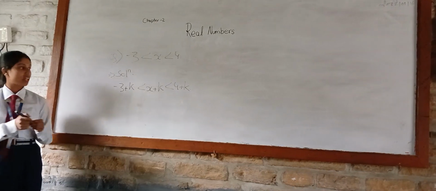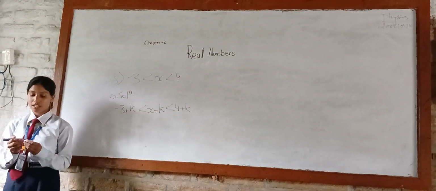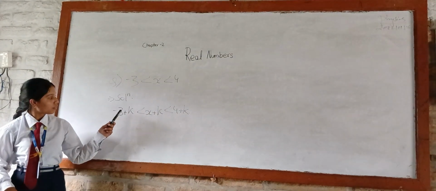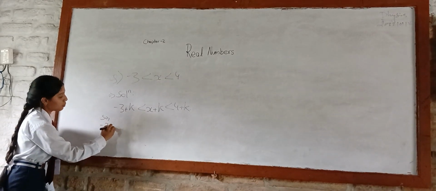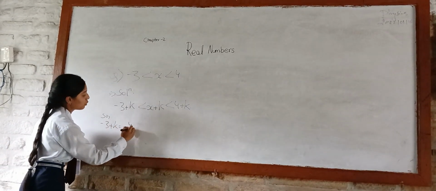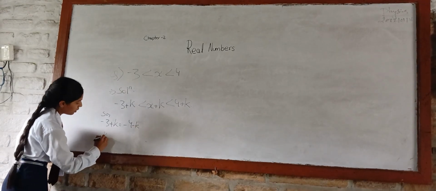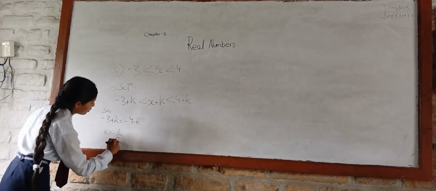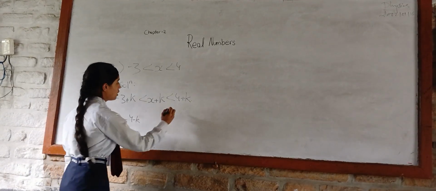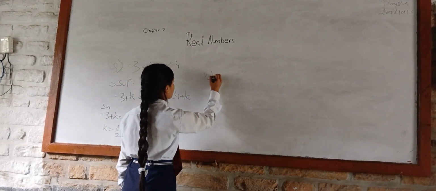Previously, I told that the absolute values are always the same, but the signs of the values are opposite. So minus 3 plus k equals minus 4 minus k. On solving, the value of k is minus 1 by 2, and putting the value of k in equation 1.